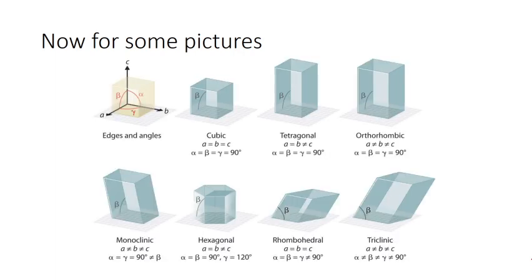So some pictures. These are the geometric patterns that help to define a crystal lattice. We have our cubic, tetragonal, orthorhombic, monoclinic, hexagonal, rhombohedral, and triclinic.